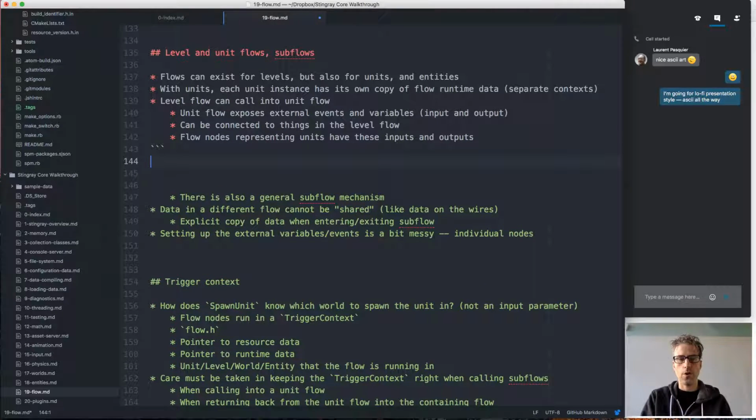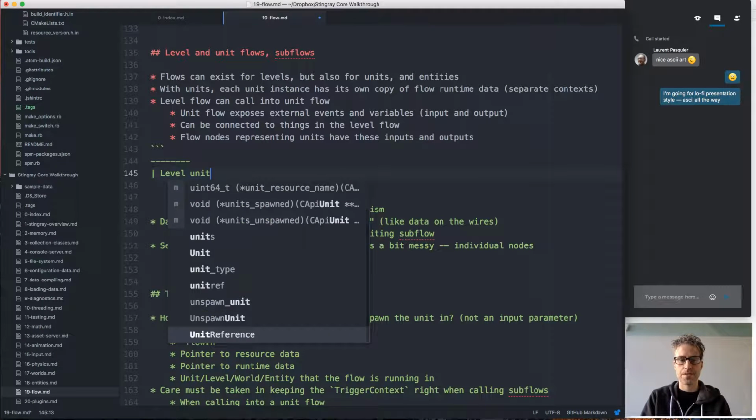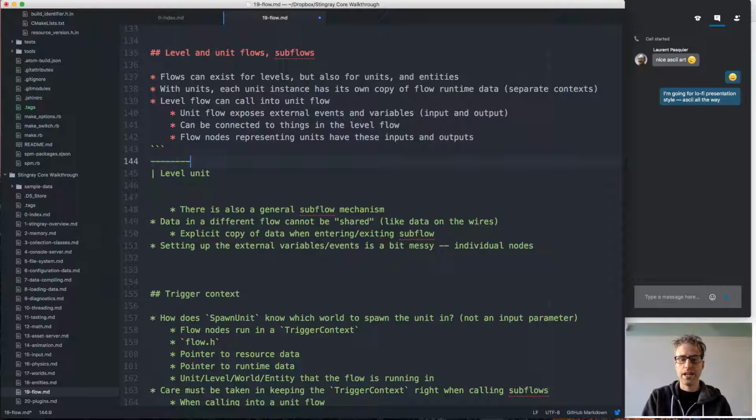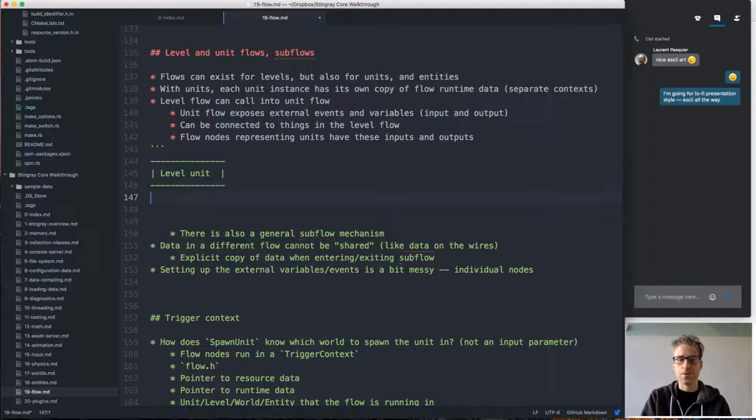In the case of the door, we would end up with a flow node that is called level unit, because it represents a unit in the level, and it would be connected to a specific unit, which is the door, and then it would have an input event corresponding to the external event defined in that unit's flow.